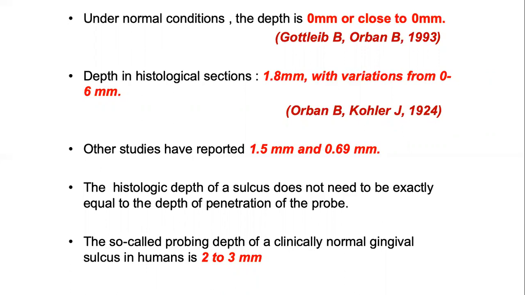Other studies have reported 1.5 millimeter and 0.69 millimeters. The histological depth of a sulcus does not need to be exactly equal to the depth of penetration of the probe. The so-called probing depth of a clinically normal gingival sulcus in humans is 2 to 3 millimeter, and a pathologically deepened sulcus is called a periodontal pocket.